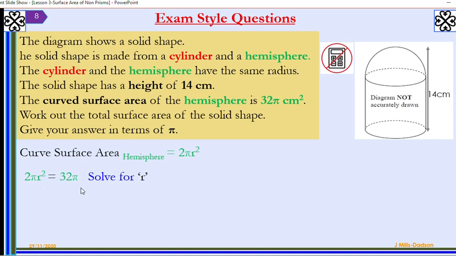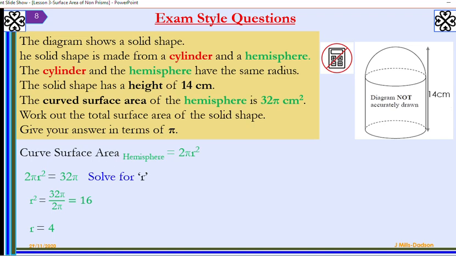Making r the subject, you divide both sides by 2 pi. So you have 32 pi over 2 pi, which gives you 16. To solve for r, you find the square root of both sides, and the square root of 16 gives you a positive 4. So the radius is 4 cm.